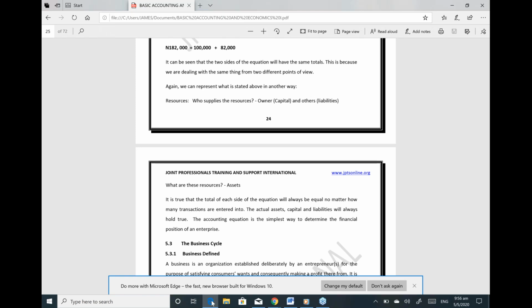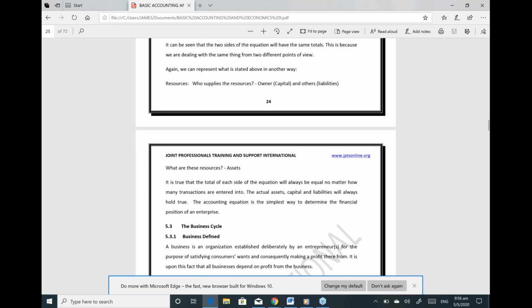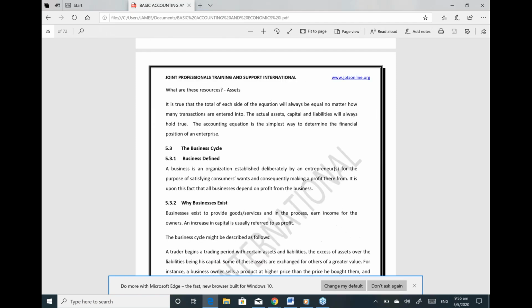Then what are the resources? Assets. It is true that the total of each side of the equation will always be equal, no matter how many transactions are entered into. The asset, that is capital and liability, will always hold true. The accounting equation is the simplest way to determine the financial position of an enterprise.